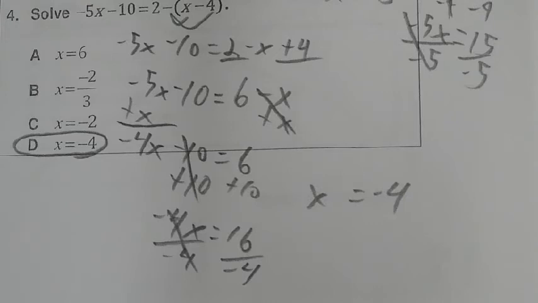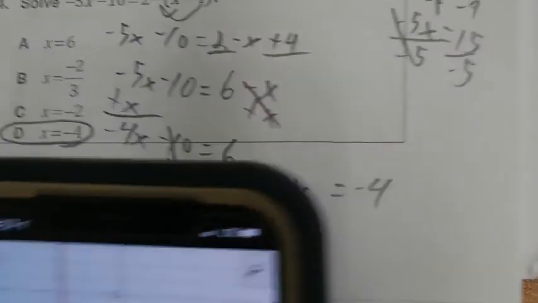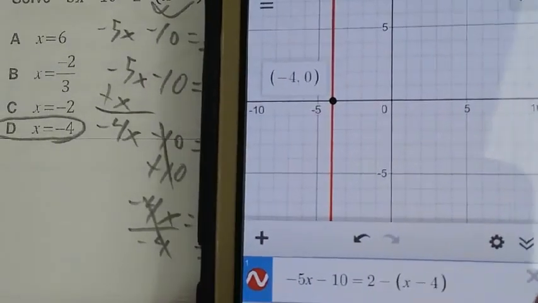Those are all X's, so you don't have to change anything. All right, and once you type that in, you should get -4 in Desmos as well.